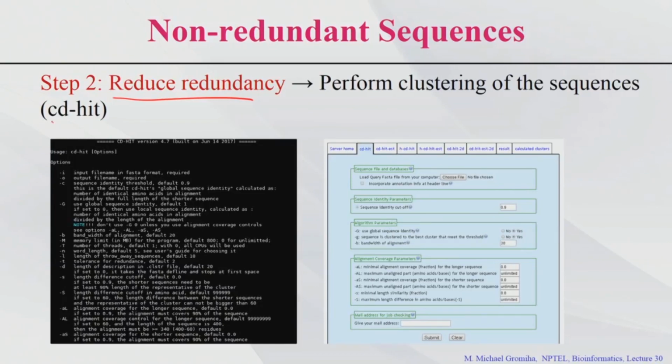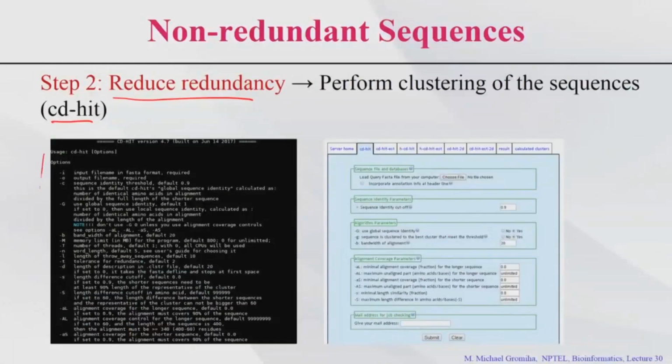So, we say CD-HIT, we will have a lot of options. We also discussed the command that we have to give in CD-HIT to get the non-redundant sequences. You can specify the word size, you can specify the redundancy. Then we give the input files and output files. These are the various options available in CD-HIT. You can also reduce redundancy online using CD-HIT.